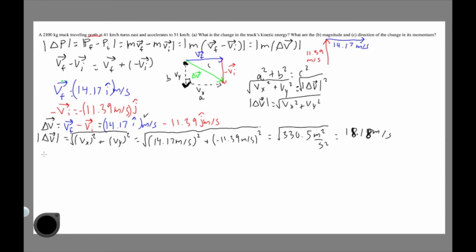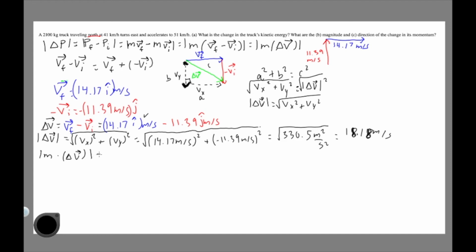So we can write the magnitude of delta P equals the mass of the truck times the change in the truck's velocity, and then take the magnitude of that whole thing.